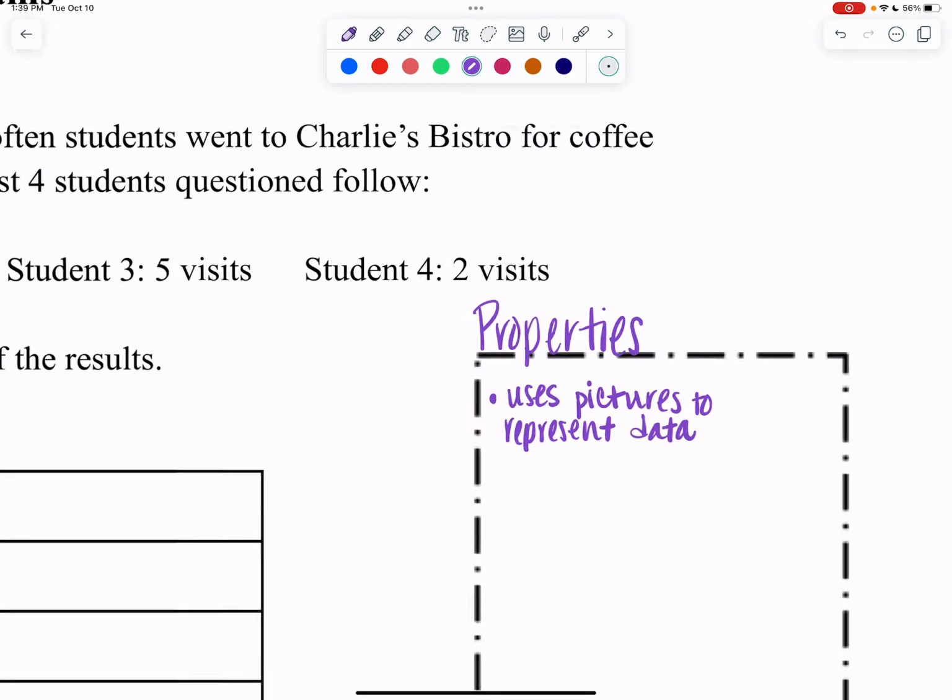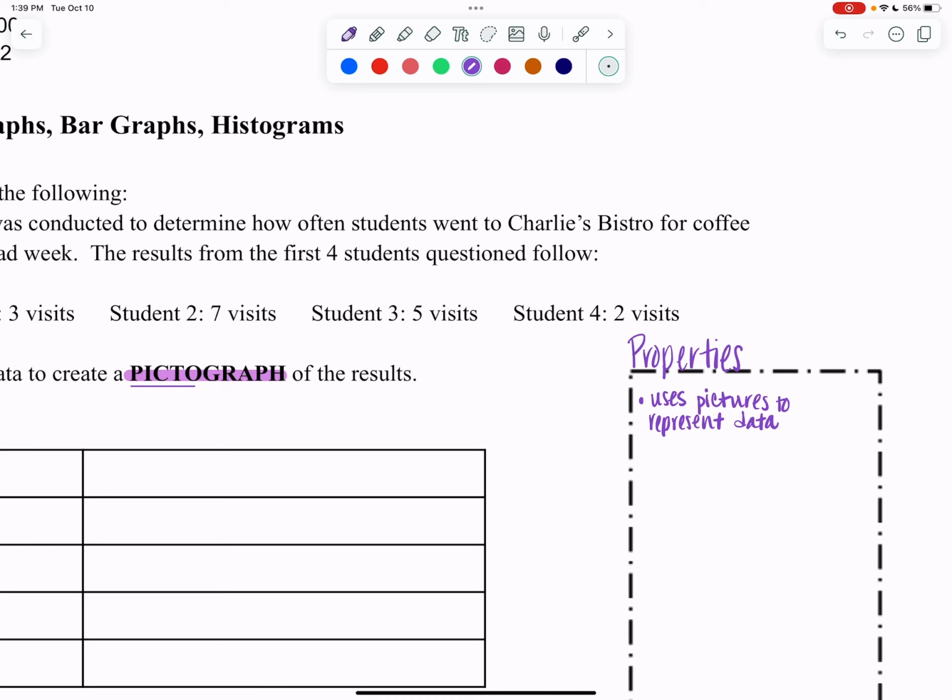Typically, this is the first type of graph that you create in school. You might have drawn ice cream cones in 3rd grade to represent how many students like chocolate ice cream. I don't know.